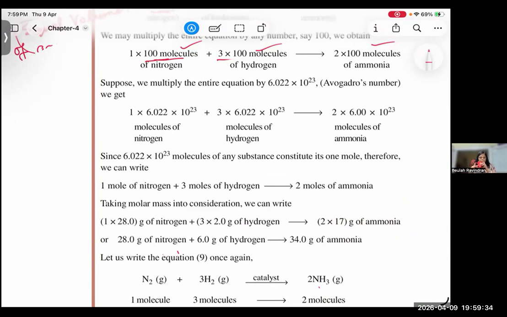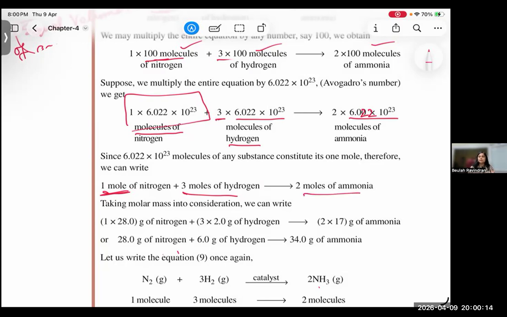One molecule of nitrogen contains 6.022 × 10^23 molecules. Then it will be the mole. It will be 1 mole of nitrogen. Then 3 molecules of hydrogen, which contains 6.022 × 10^23 atoms each, I can say 3 moles of hydrogen. Likewise, ammonia has 2 × 6.022 × 10^23 molecules, so it is 2 moles of ammonia.